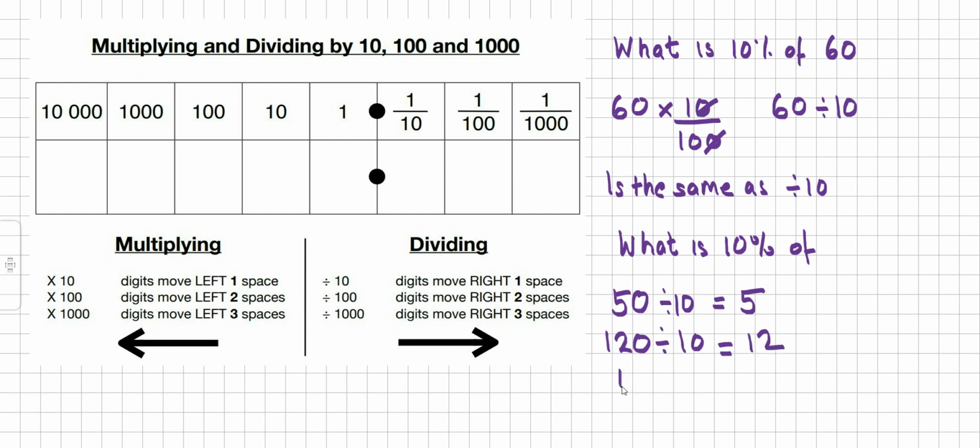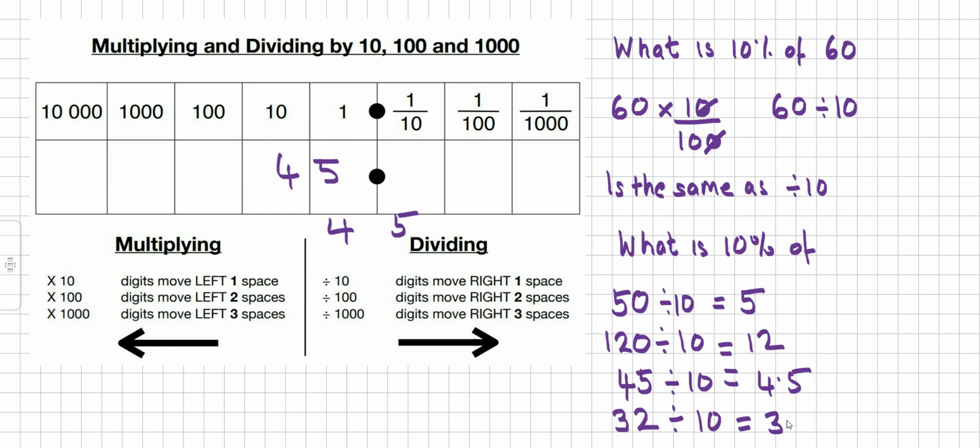And then let's go for a different number, 45 divided by 10, it would shift one place, so 45 is going to become 4.5. So in this respect, dividing by 10 or finding 10% should be very straightforward.